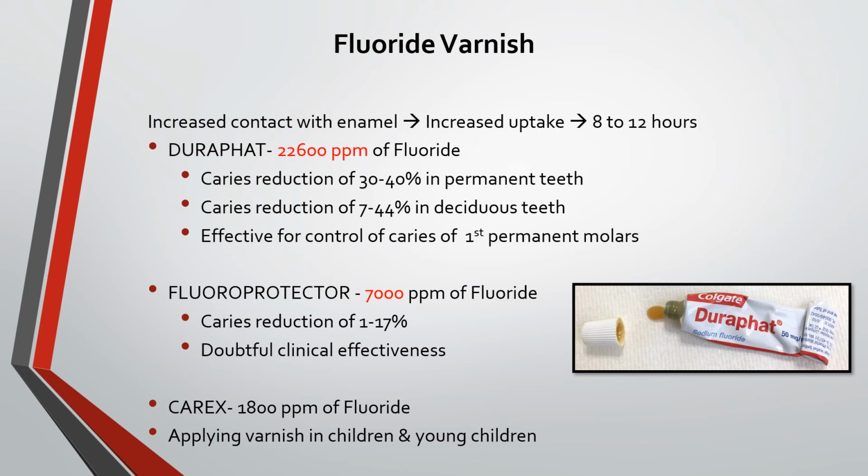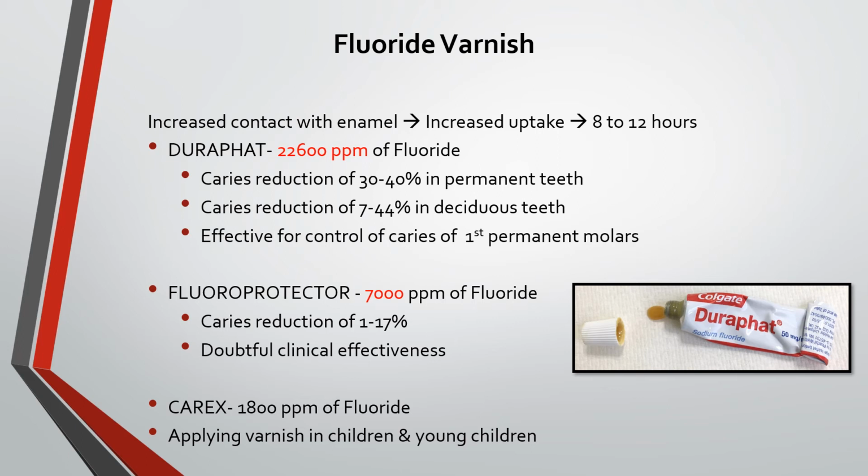The advantage of fluoride varnish is that it's just like a nail paint. As you apply the nail paint on your nail, it dries off and the nail paint remains on the nail. Similarly, the fluoride varnish is the same. You paint it on the tooth, and because the fluoride compound is in an alcoholic solution, the alcohol evaporates and a thin layer of fluoride is formed on the tooth surface.